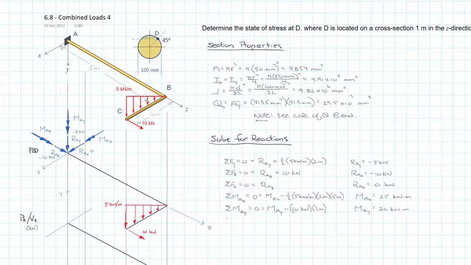And finally our last one. So the sum of the moments at A in the Z is equal to 0, is equal to our MAZ. And what do we have? Our triangular distributed load is trying to turn it positive. So that's 1/2 times 5 kilonewtons per meter times 2 meters times its moment arm, which would be 2/3 of 2 meters.